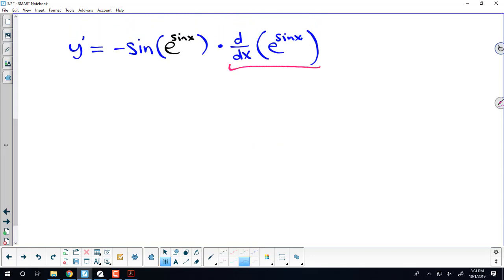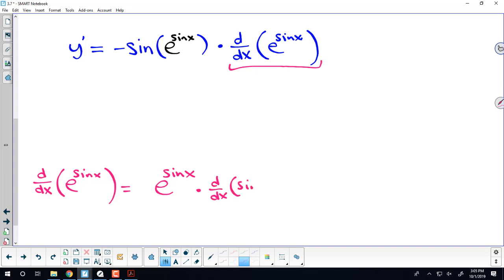If we want to take this off, we already did this, but in practice, we might take this off to the side and then reapply the chain rule to this. So we would say, all right, I'm starting over with e to the sine x. I take the derivative of the outer function, leaving the inner function alone, multiply that by the derivative of the inner.